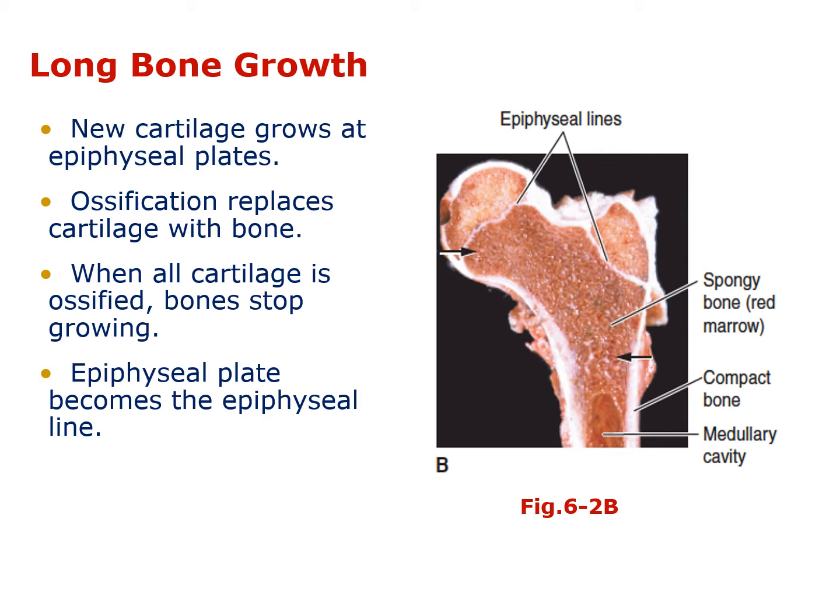Okay? Ossification replaces the cartilage there with bone. When all the cartilage is ossified, the bones will stop growing. And that epiphyseal plate becomes an epiphyseal line. Now, if there is a disruption during the time when it's still a growth plate, if there's a fracture, and by the way, fracture means break.